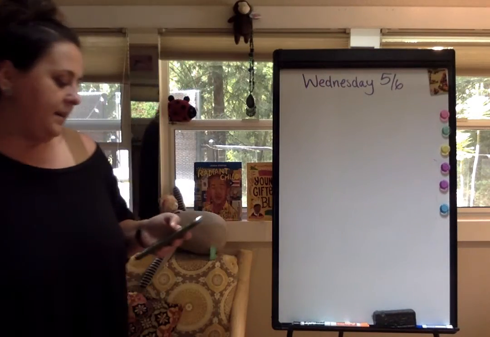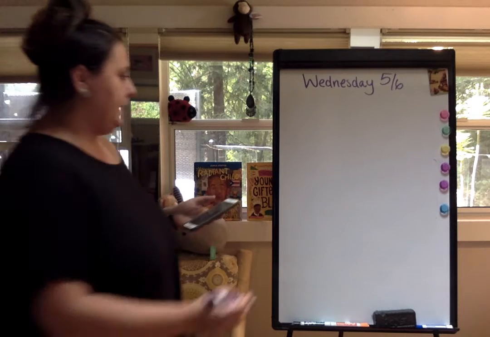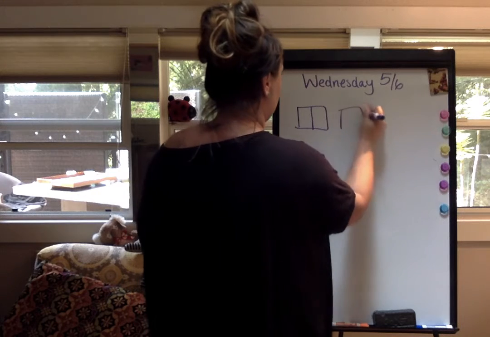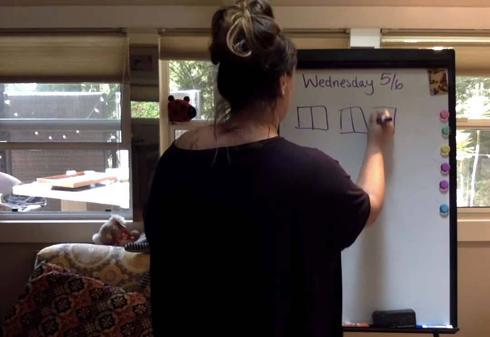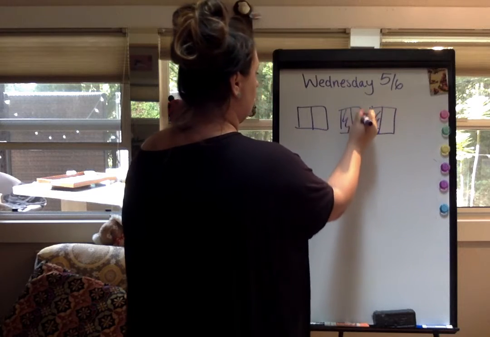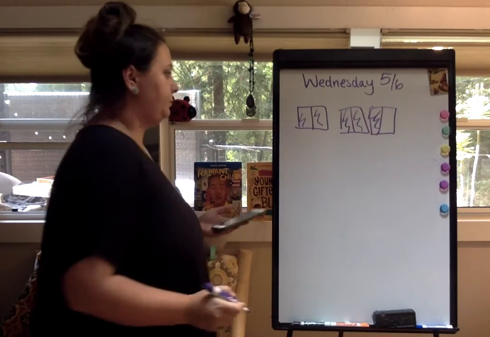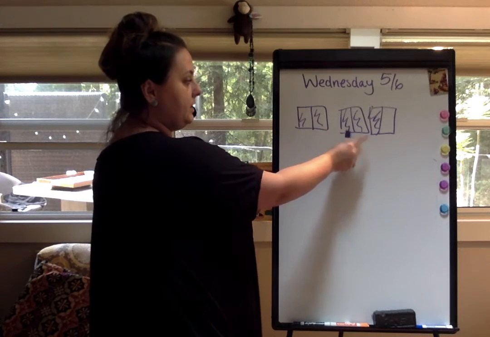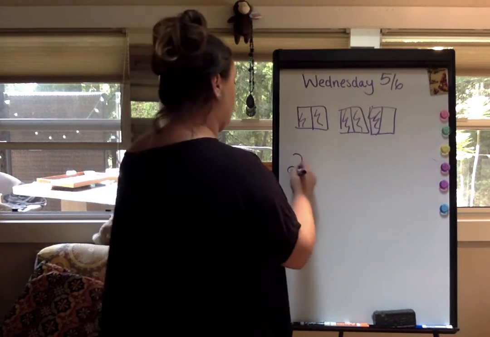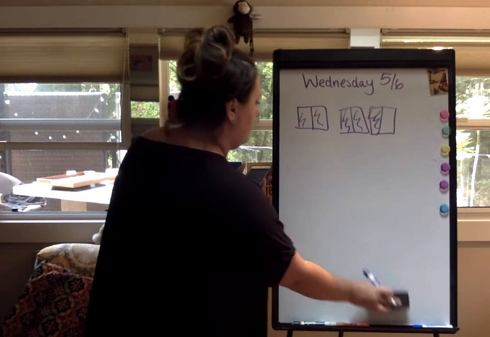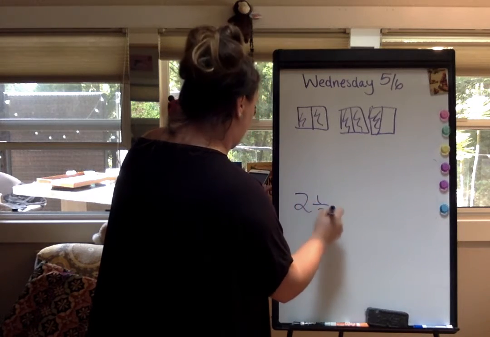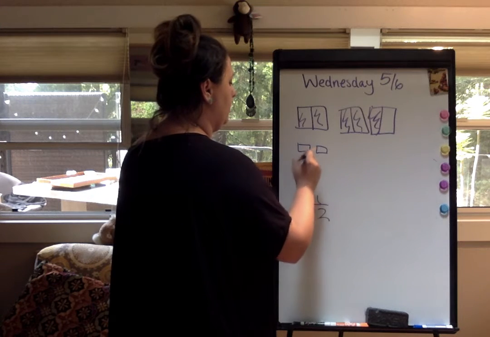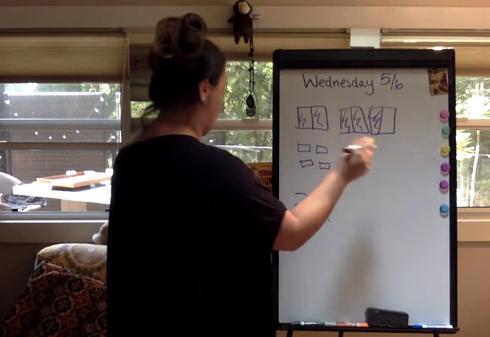Okay, here we are looking at another model. Okay, so we have this. Which is 2, because these are 2 wholes, and 1/2. Oops, right down here. 2 and 1/2. Okay, then we have all these little pieces.